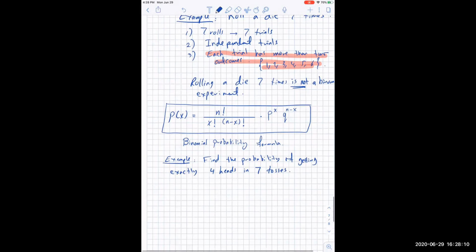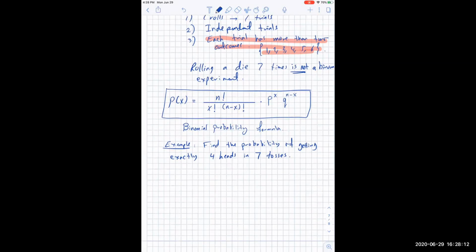Toss a coin 7 times. What is the probability of exactly 4 heads? Look, I'm tossing a coin 7 times. So that's my n. N is 7. I'm interested in getting exactly 4 successes, 4 heads. So x is 4. Exactly 4 out of 7. 4 heads in 7 tosses.